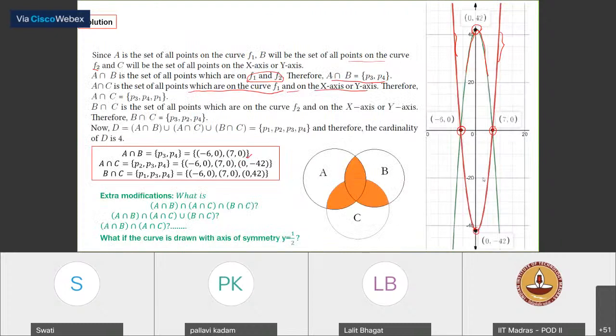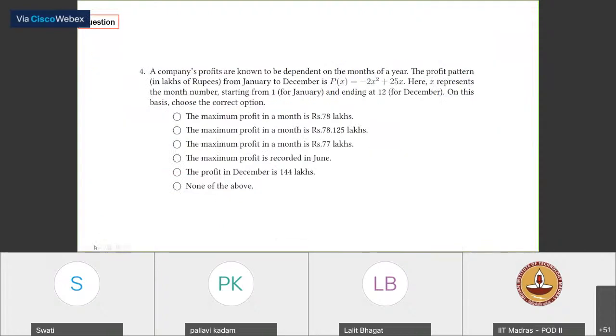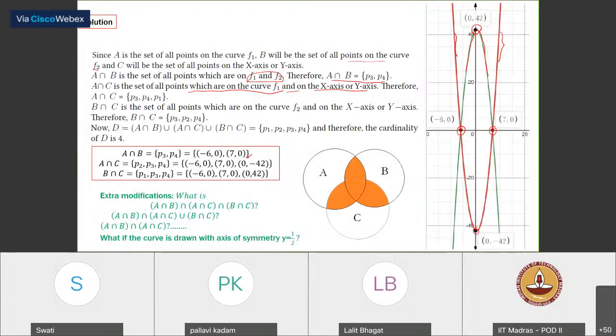So they should be minus 6, 0, 7, 0, and 0, minus 42. Similarly, B intersection C will be minus 6, 0, 7, 0, and this point 0, 42.